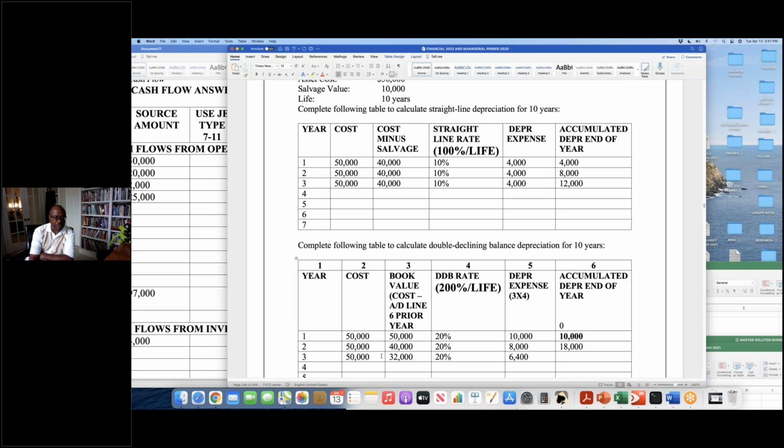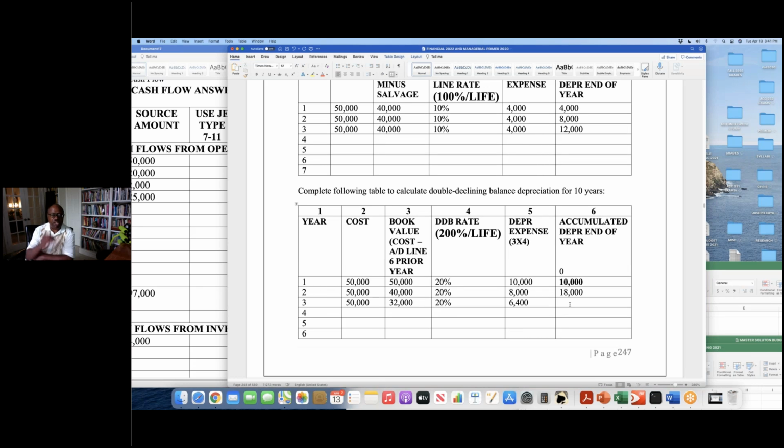So to get the book value, we're going to take what? The cost, which is line 2, minus accumulated depreciation for the prior year, 18.